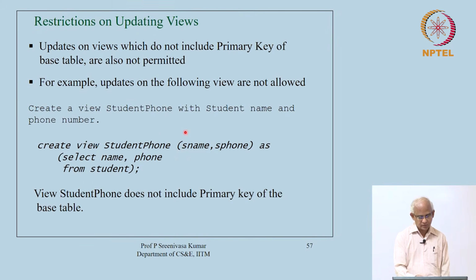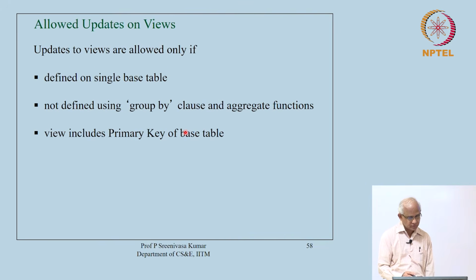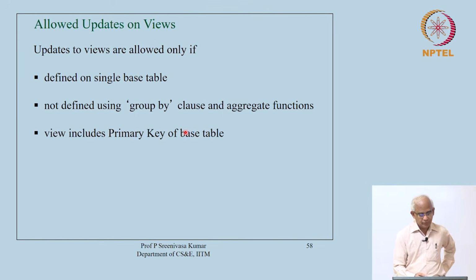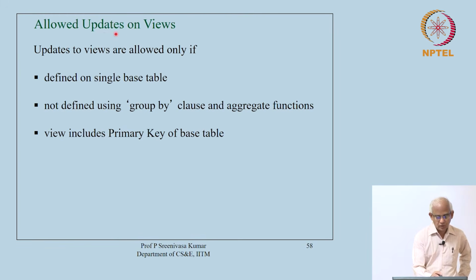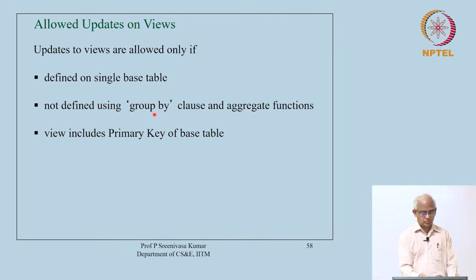So, to summarize, we allow updates on views only if the view is defined on a single base table, and it is not defined using any group by clause or aggregate functions, and the view definition includes the primary key of the base table.